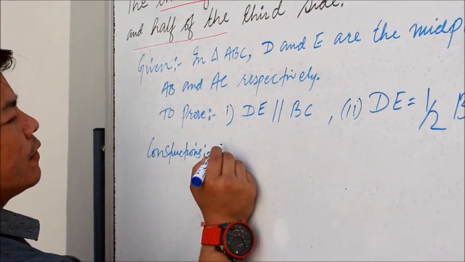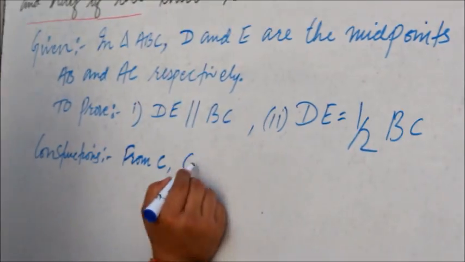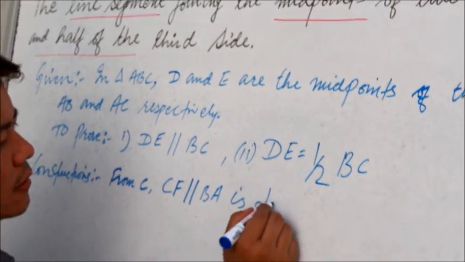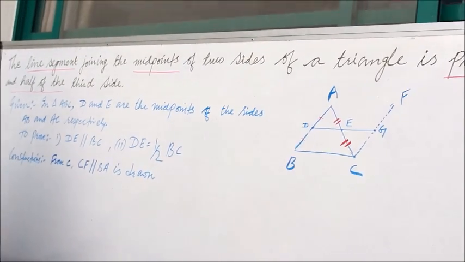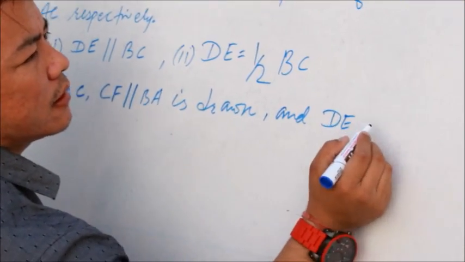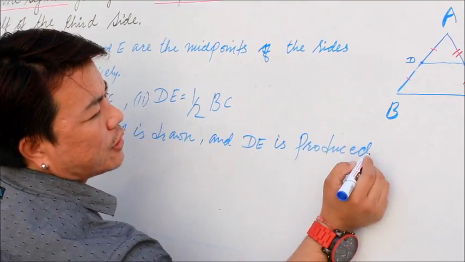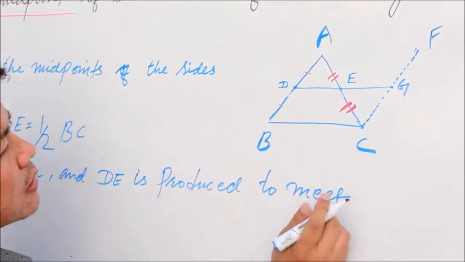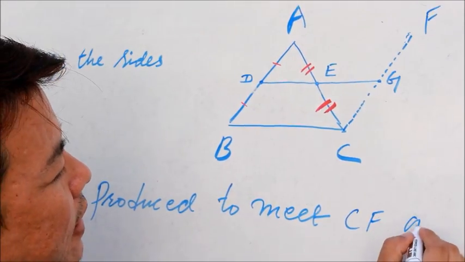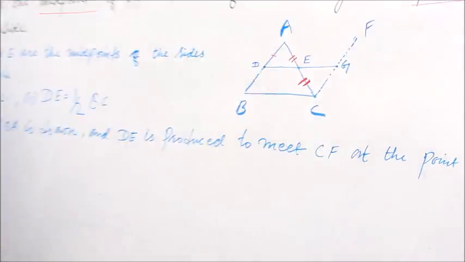Construction: from the point C, CF parallel to BA is drawn, and DE is extended, DE is produced to meet the line CF at the point G. This is the construction we have made.